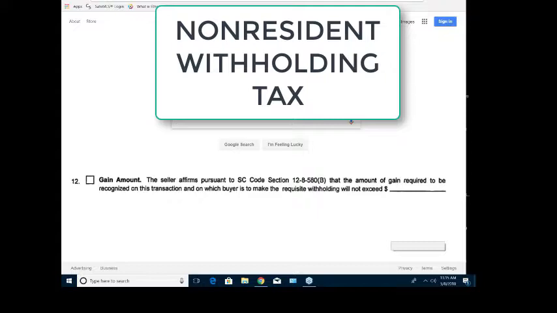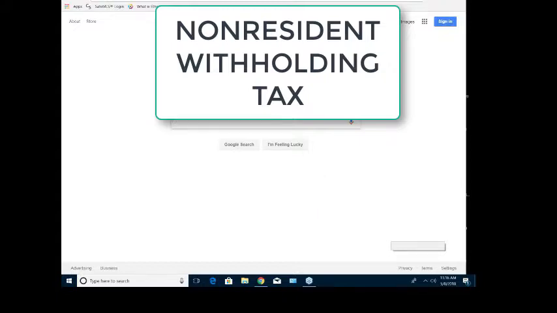So if you've got a seller who's not going to tell somebody their gain, the attorney has no choice but to take 7% of the bottom line and remit that to the tax commission, and then they've got to worry about filing a return or an amended return later if that number was in fact wrong. So normally what we deal with is trying to have that seller, who's a non-resident, come up with what their gain amount is. That's the one we see most frequently when you have a non-resident.